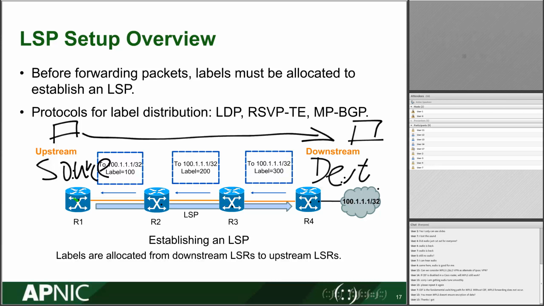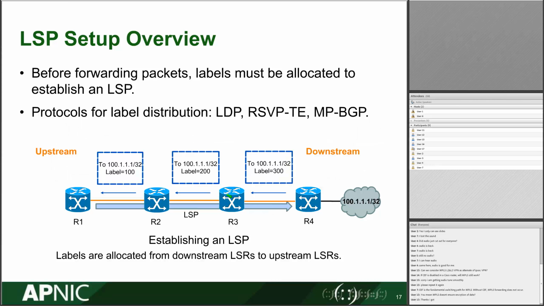And then after the routers have allocated the labels by using these protocols, we can form the LSP, label switching path. So we will know we can use the label 100 to send to R2, and R2 uses 200 to send to R3. This is the LSP. So here I just want to emphasize the upstream and downstream.